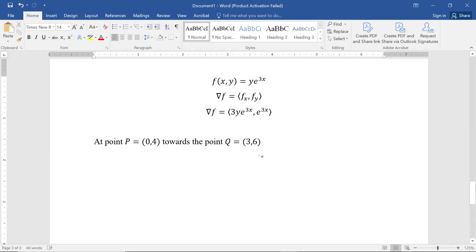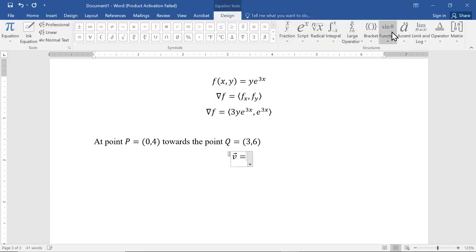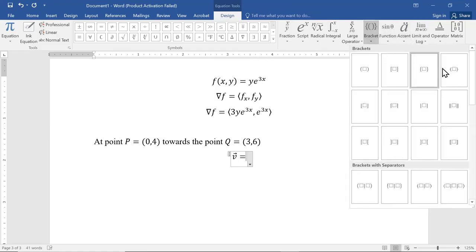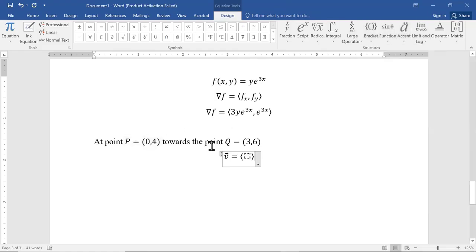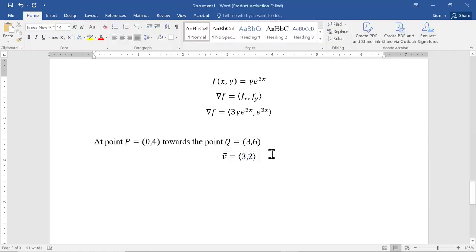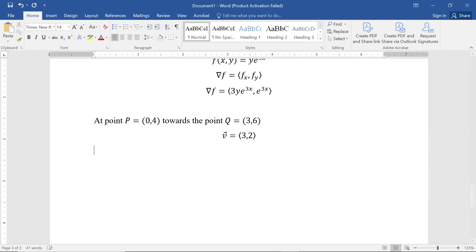So that means we are moving in a vector direction, which is, well, change in x's, we go from 0 to 3, so that's an increase of 3. Change in y values, we go from 4 to 6, so that's an increase of 2. Now, that's the directional vector.